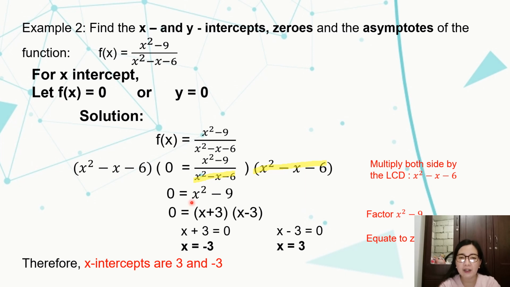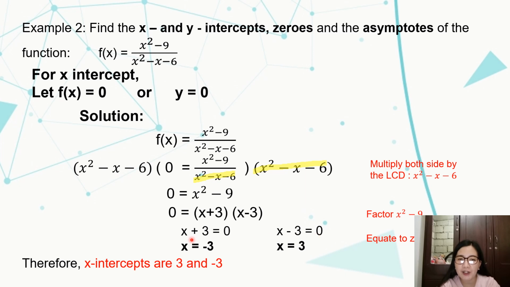So, ang factor ng x squared minus 9 ay x plus 3 and x minus 3. So, since itong dalawa ay naka-equate sa 0, pwede natin siyang paghiwalayin. So, x plus 3 equals 0 at yung isa, x minus 3 equals 0.